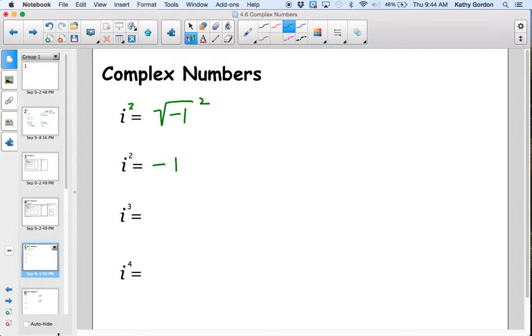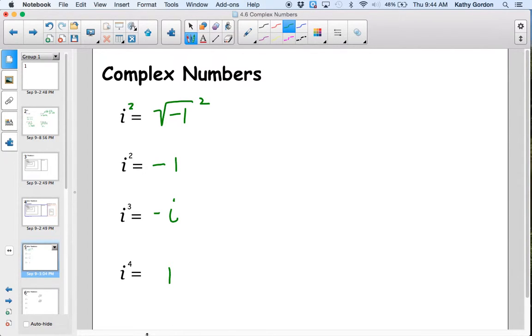What do you think? Yeah, negative i. So we'd have this negative 1 from i squared, and if I multiplied each side by another i to get i cubed, then I'd have a negative i. And then i to the 4th is 1.